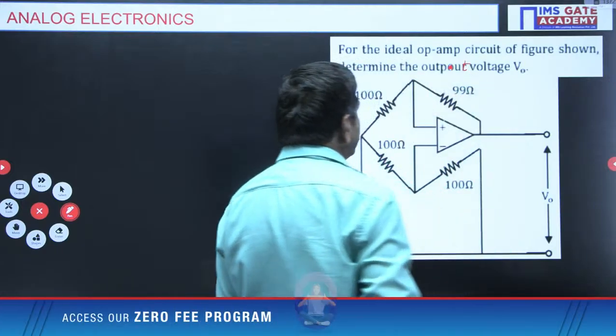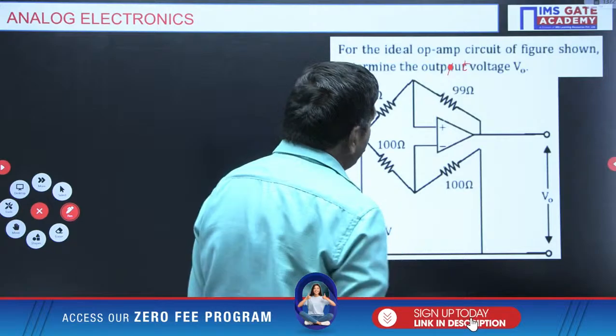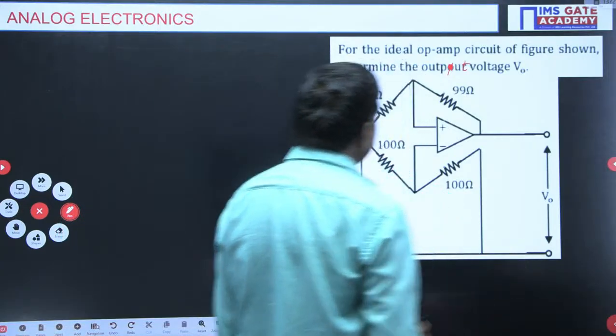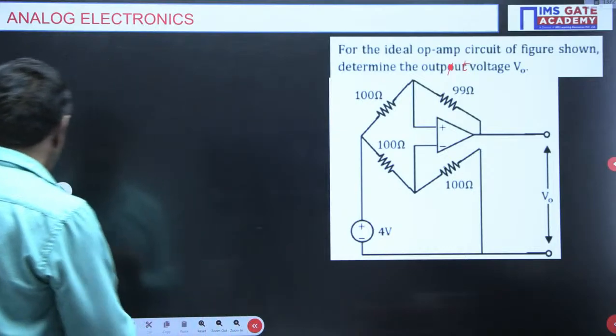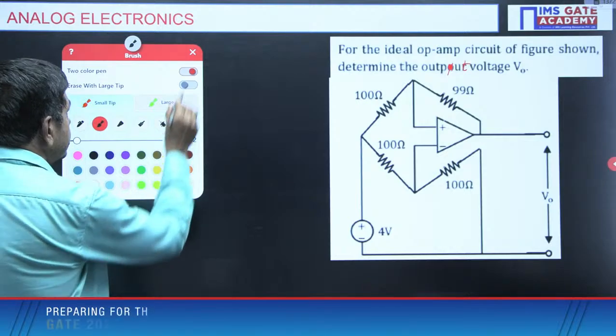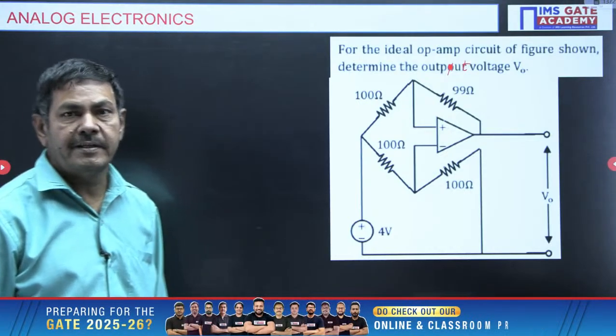This is not required, you can remove this now. Output voltage only. How to get V naught? I want V naught here now.